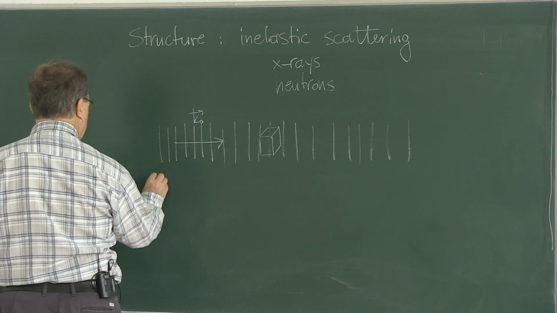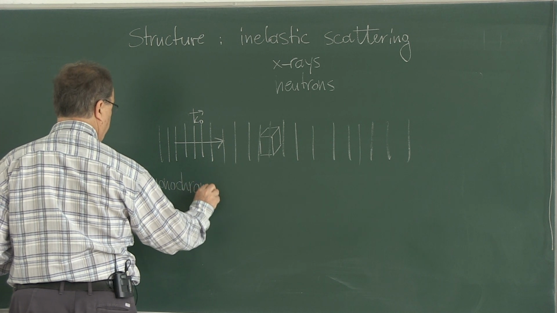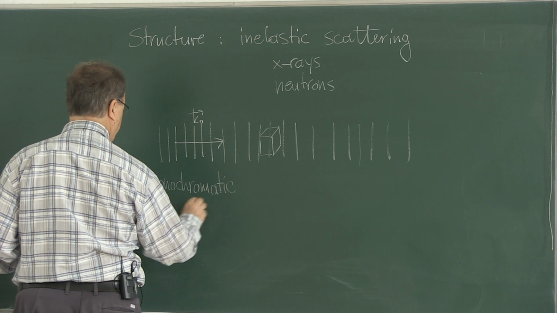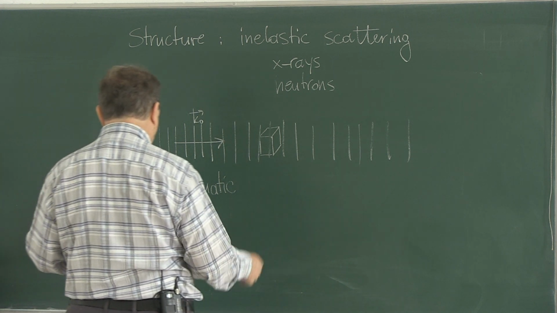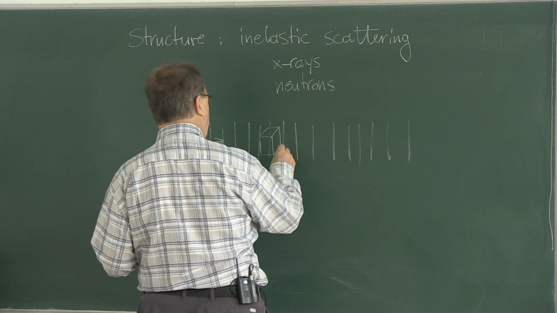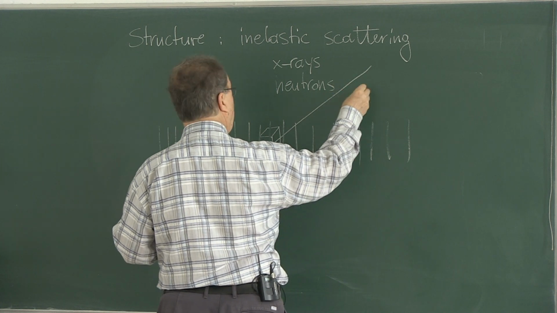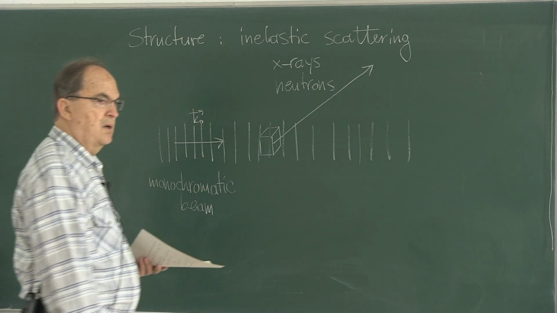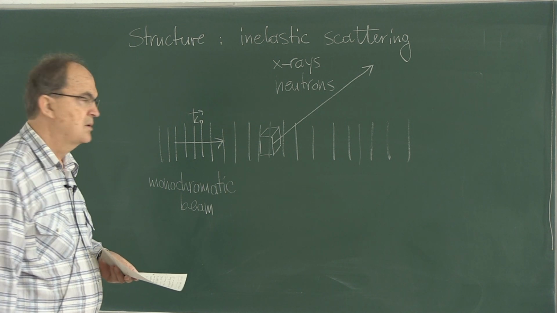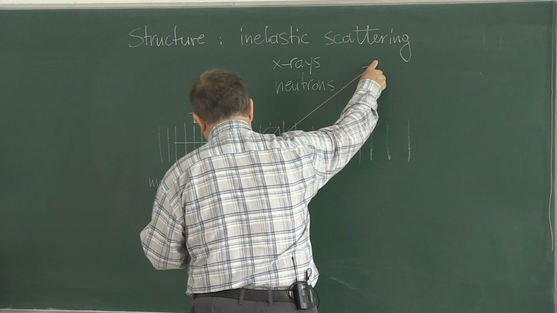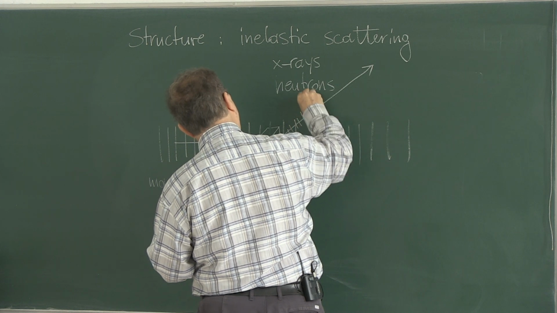Let's consider a monochromatic beam. You have a scattering, and you look at the scattered waves in the direction you put your detector. So you have a detector here, and you see how much is scattered in that direction.